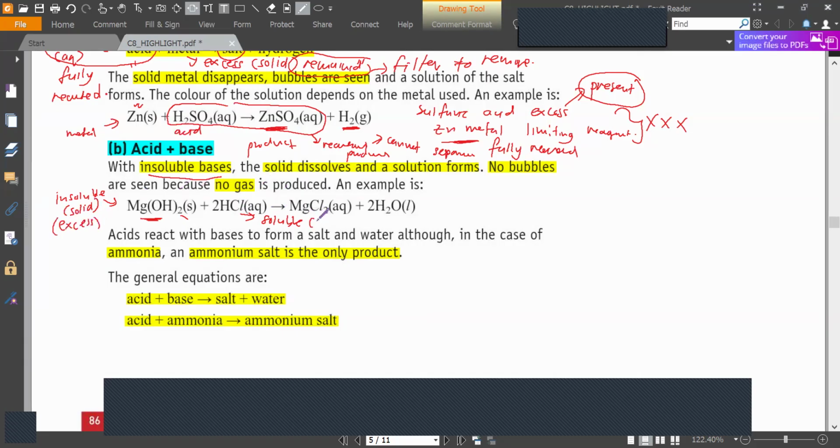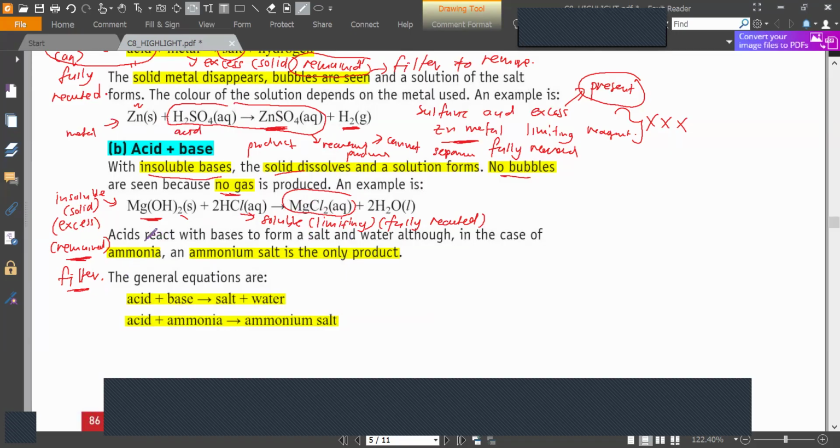This one is limiting, so it will be fully reacted, and this one will remain some. But this is no problem. We can filter it to remove the solid so we can get a pure product. In this case, no gas will be produced, no bubbles, but we can see the solid dissolve.